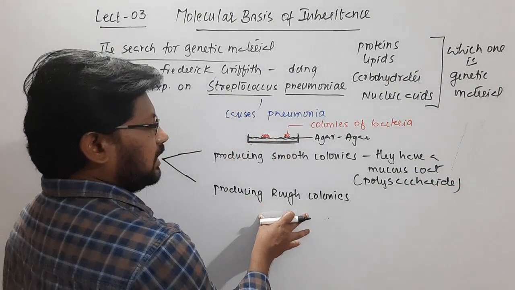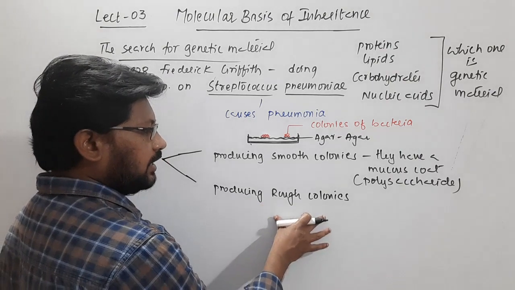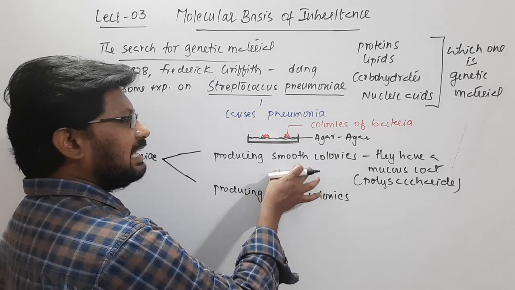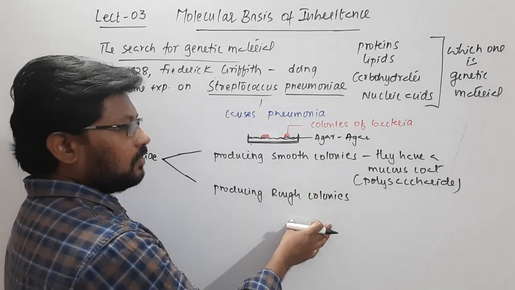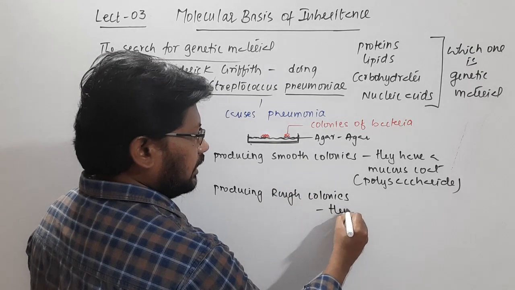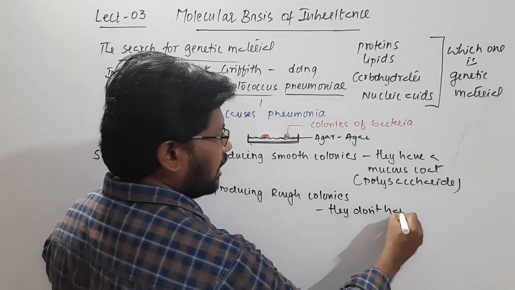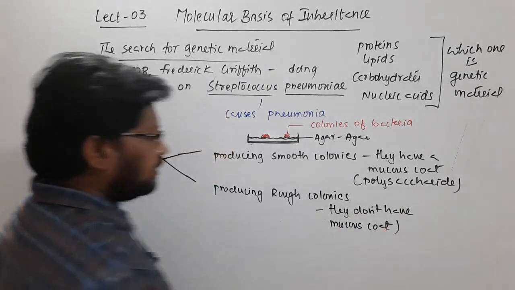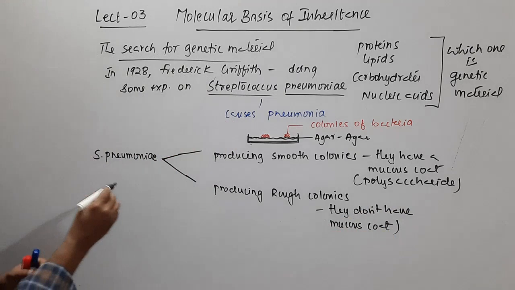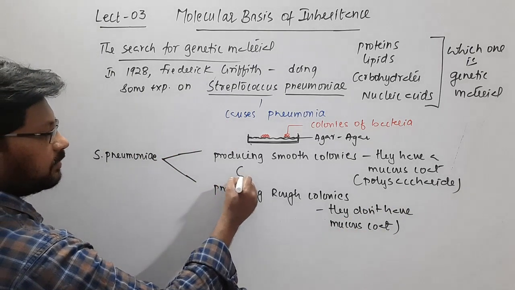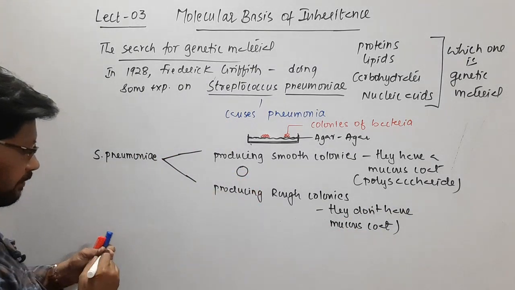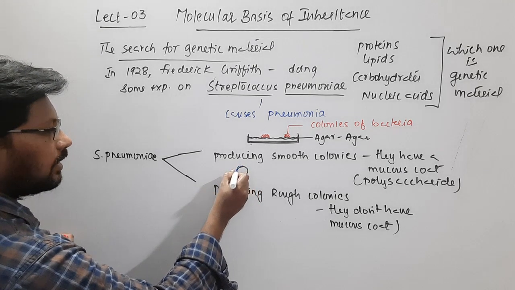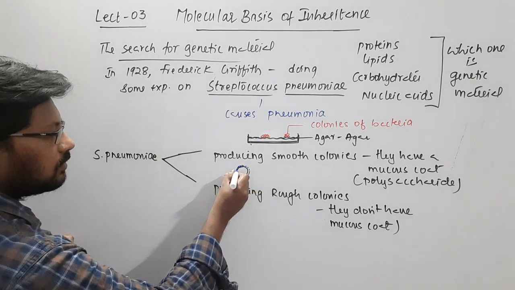In the case of the other colony, which appears rough under the microscope, they are not shiny like this. Hence he mentioned rough colonies, and in this case they don't have a mucus coat. So this is the bacterium, and this bacterium is covered with a mucus coat.